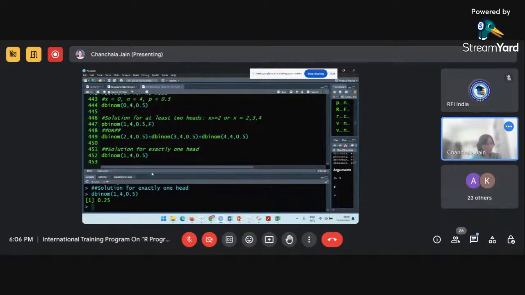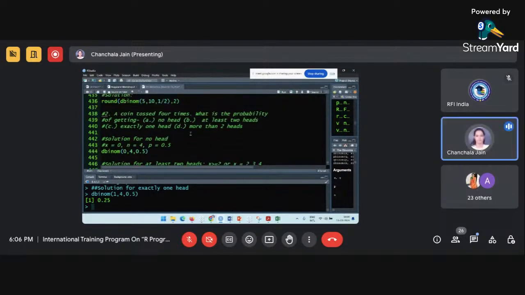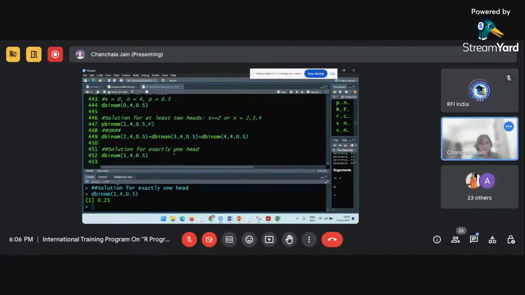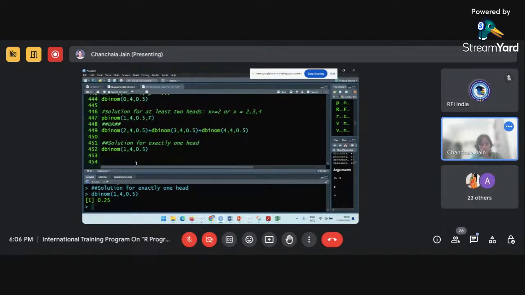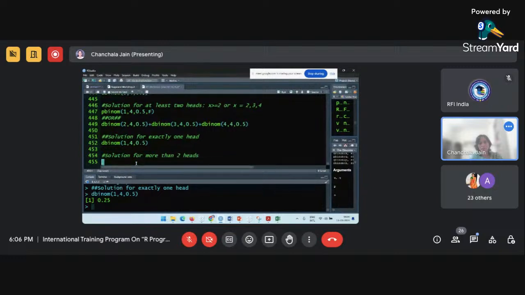Now next is the last one. Which function do I need to use?